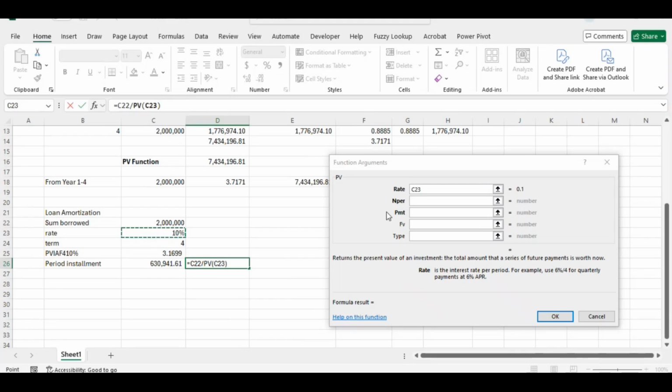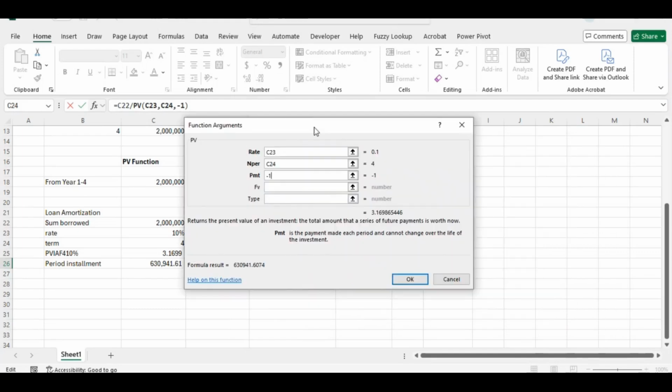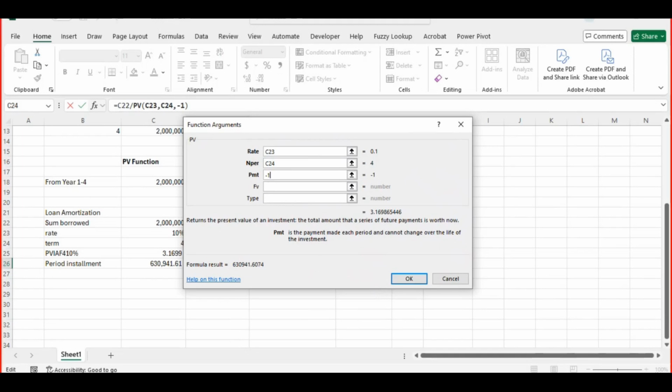I just have 10% for 4 years, for a value of a shilling of -1. And you can see that I already have a sub result of 3.169, which is now the value of a shilling.